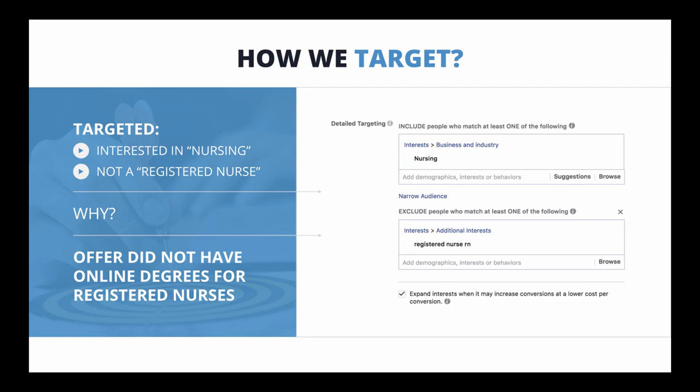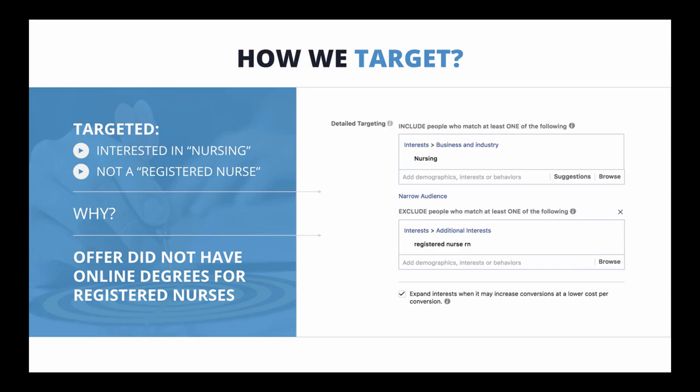So for something like this, I remember when I was running this campaign, I wasn't able to get data for this specific vertical. So what did I do? I actually used interest targeting. So I targeted people that were interested in the topic of nursing, but I excluded people who matched the interest of registered nurse RN.